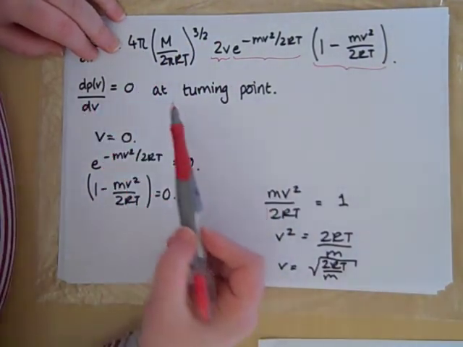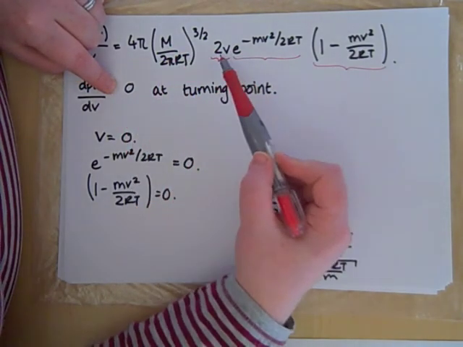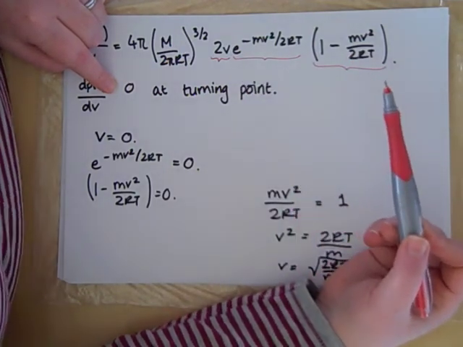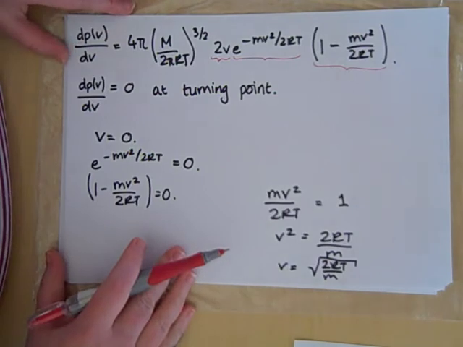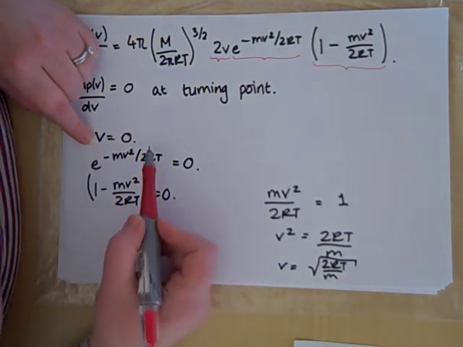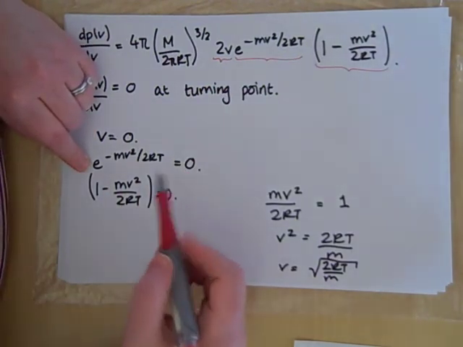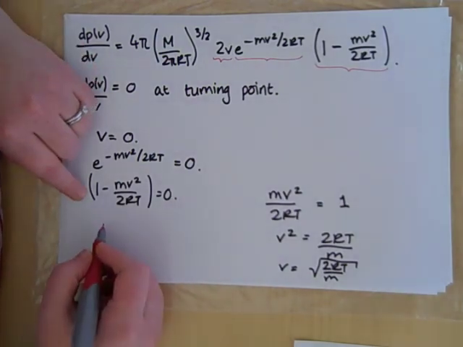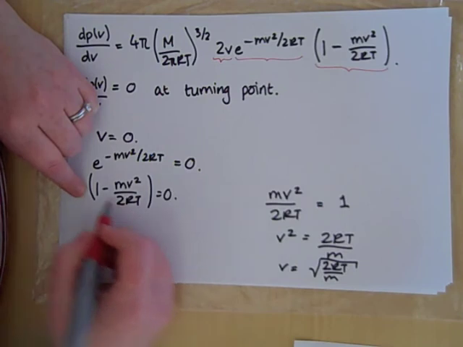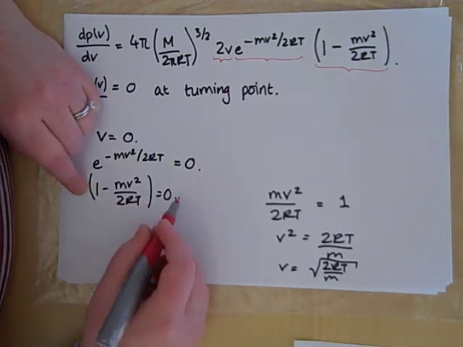And then I've set this function to be 0, and then I've looked at where all of my v's are, because it's my v's that are providing the solutions to my Maxwell-Boltzmann distribution. So I have a solution at v is equal to 0, that's one turning point. The solution when the velocity is infinite, that's another turning point. And I have a solution here when I have 1 minus mv squared over 2RT is equal to 0.